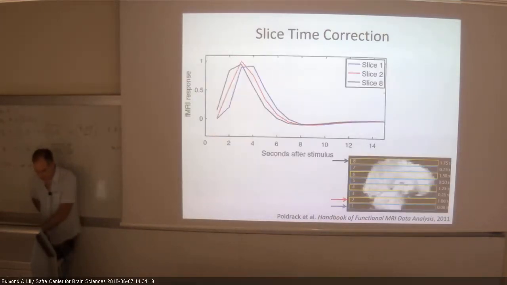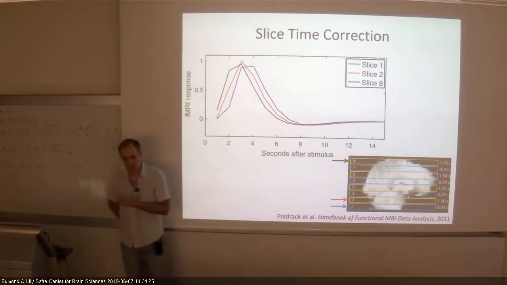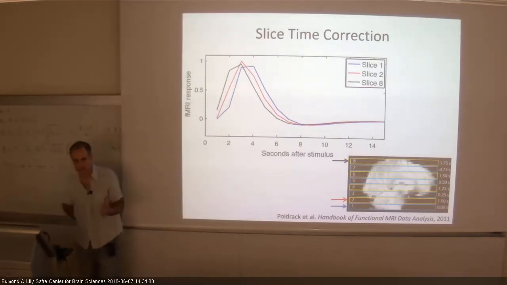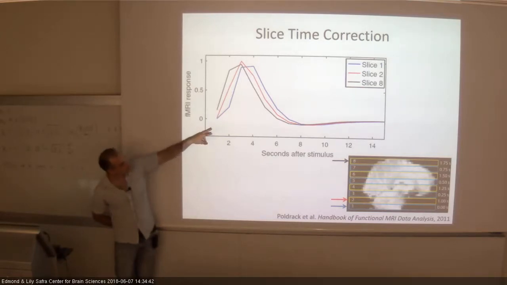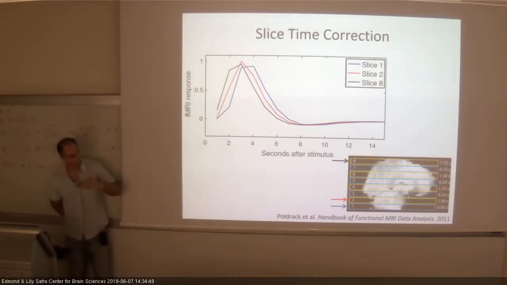So there are several ways to cope with this. You don't need to know it, but maybe somebody has an idea, or intuitively of what you would choose here, or what you would do. So what do we see here first? We see slice 1, slice 2, and slice 8, and again the slice is the location of the slice, right?